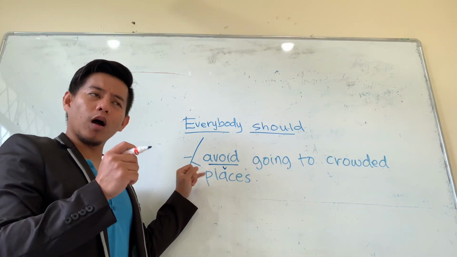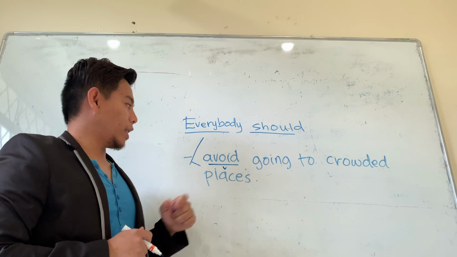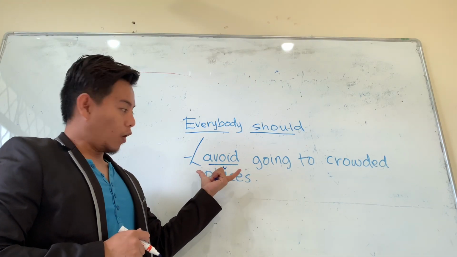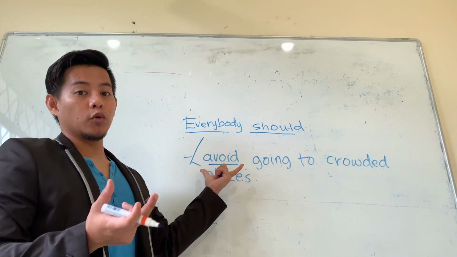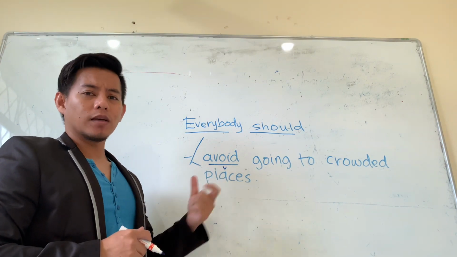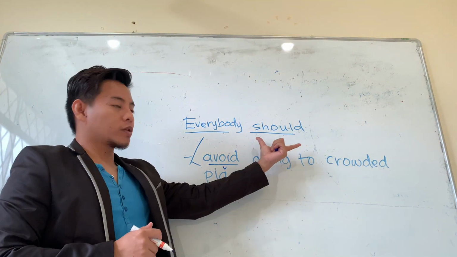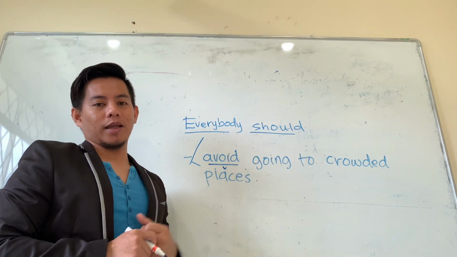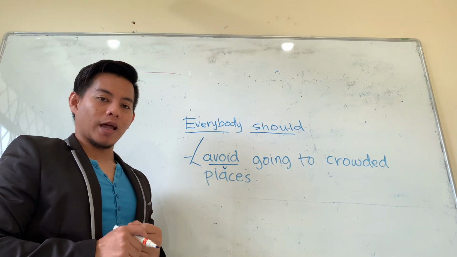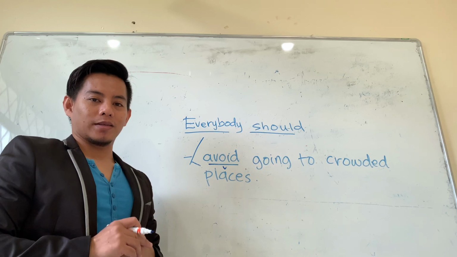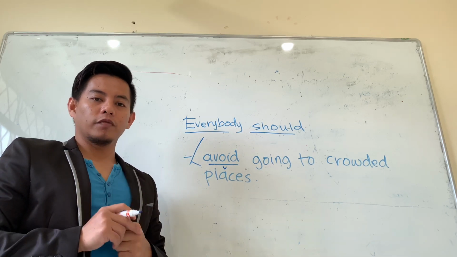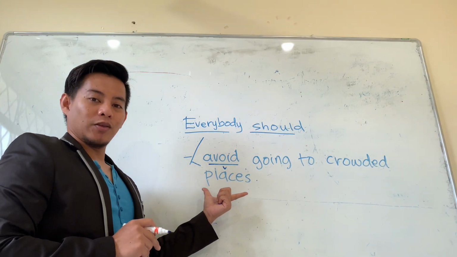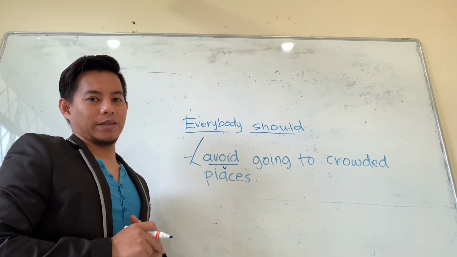Now, as most of the points are in the original form or in the base word or in the root word, it is advisable for you to use modal verbs in your sentence to make sure that the sentence is correct. Okay? So remember that. Use a modal verb in your directed writing.